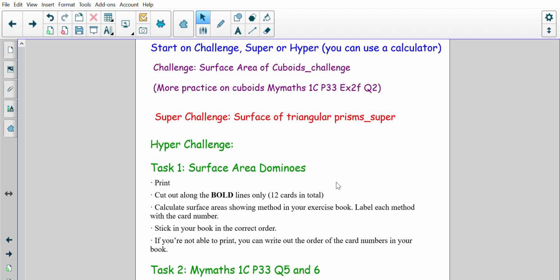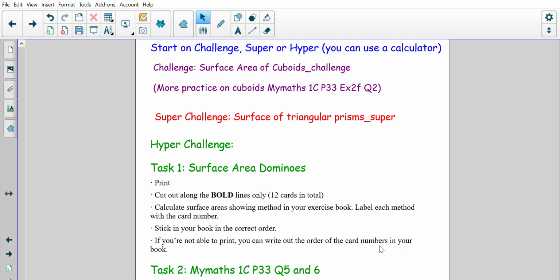The cards are numbered, so you must show full workings in your exercise book by writing the number of the card that you're working on and showing the method. You should find that you can make a domino chain with the dominoes that you can stick in your exercise book. If you don't have a printer, that's fine. You can just write out the order of the cards by their card number in your exercise book.